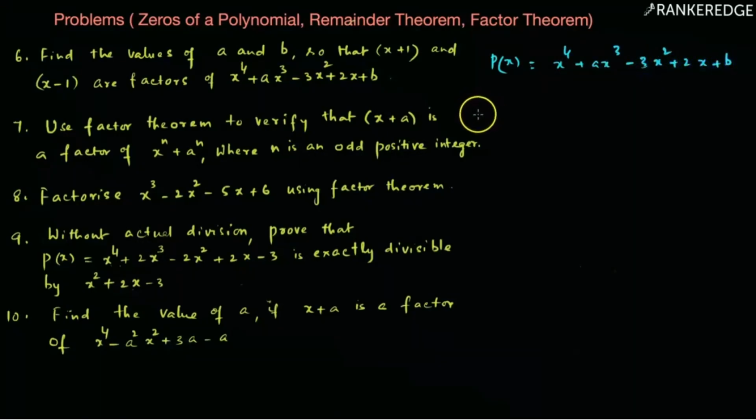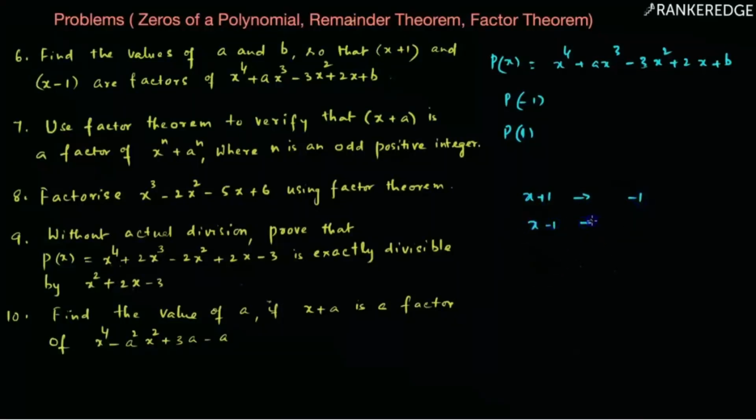Given that x plus 1 and x minus 1 are factors of this polynomial, it means that when I divide this entire polynomial by x plus 1 or x minus 1, I get a remainder of 0. So what are the remainders when I divide this polynomial by x plus 1 and x minus 1? The remainders are p of minus 1 and p of 1. Because for x plus 1, the 0 of this polynomial is minus 1.